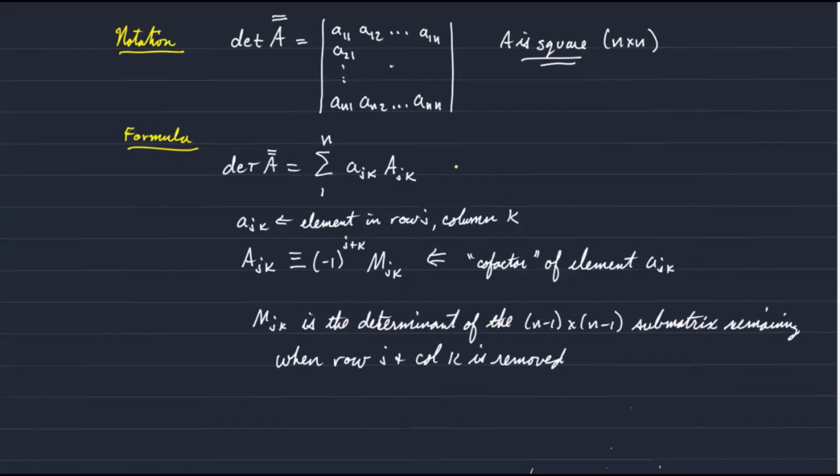The last thing we need to do is describe what the sum means. So it means it's a sum on J with K fixed, or the sum on K with J fixed.